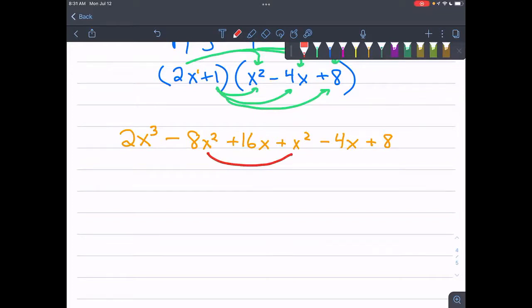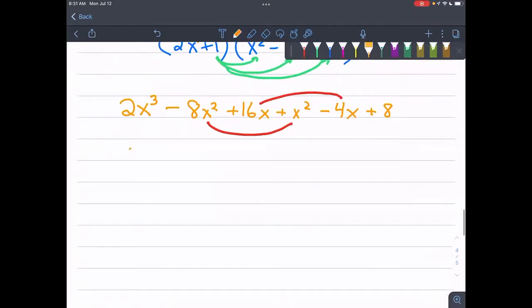Going to draw a line connecting the like terms. X cubed doesn't have anything to go with it, but the x squareds we can combine. 16x and negative 4x. How many x squareds do we have?